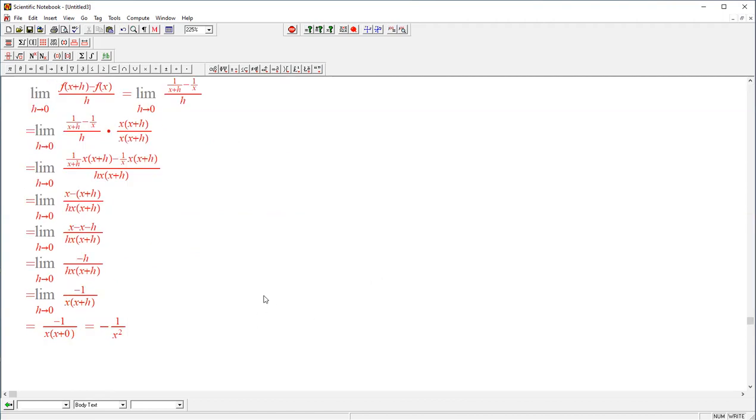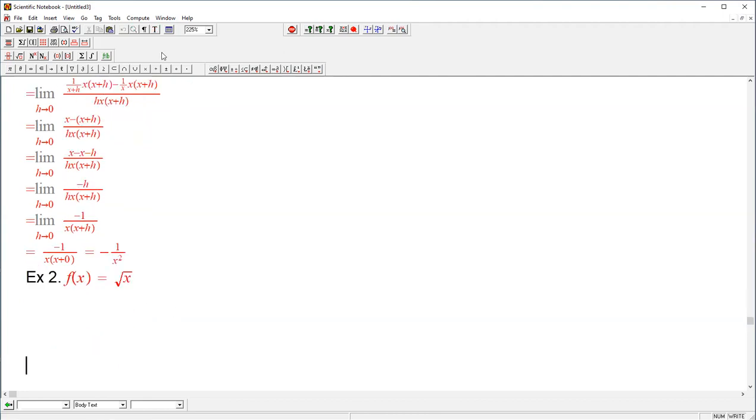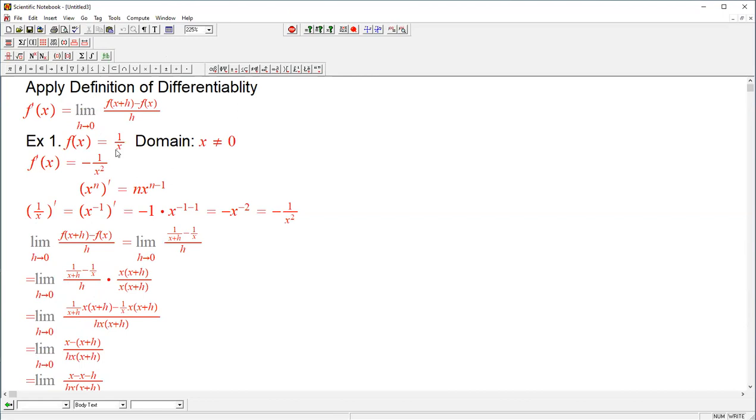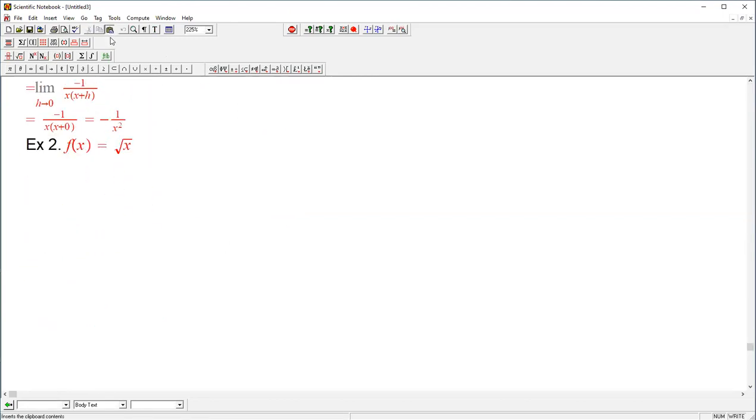Another example that I think deriving its derivative will be a very good exercise for you to practice your algebraic skill is the function square root of x. Some of you might have done this, but let's do it again, and apply the definition of differentiability.